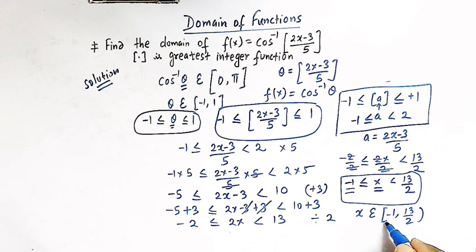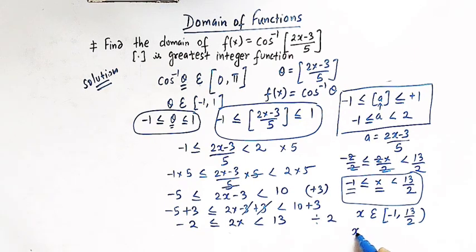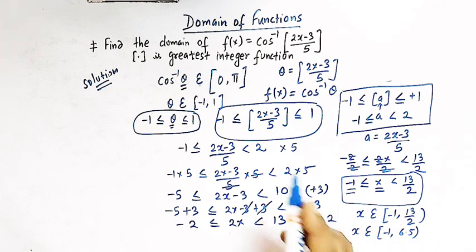So this is closed from this end and open from this end. So this interval can also be written as minus 1 to 6.5. So all the values of x which lie in this interval give us our domain.